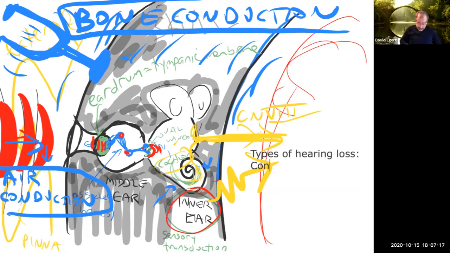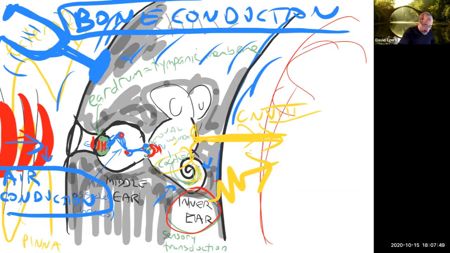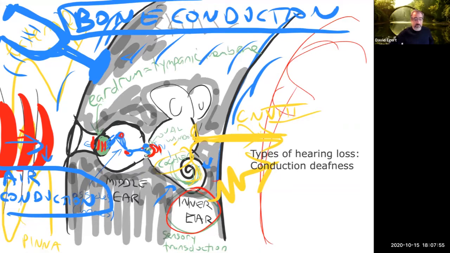That's called conduction deafness. So conduction deafness, what are some ways that you think you could have conduction deafness, that the signal never gets to the inner ear? Ossification of the little bones inside the ear. The ossification, sometimes those little bones get calcified and then they don't move properly. So even though the eardrum is vibrating, you don't actually have any vibration transmitted to the middle ear. I mean, to the inner ear.